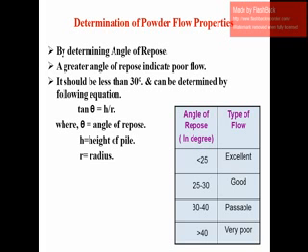When your angle of repose lies below 25, we can say it has very excellent flow. Powders having a 25 to 30 angle of repose have good flow property. Likewise we can have different ranges of angle of repose, and in this way we can decide the flow property of your actual drug powder.